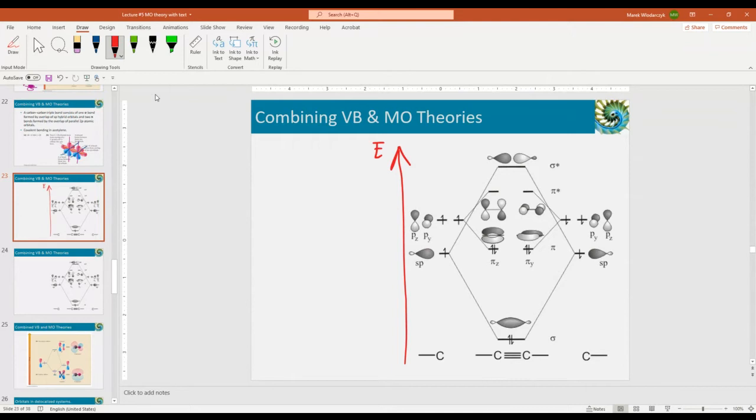Yes, Deborah? You use the formula where you subtract the anti-bonding from the bonding orbitals, and then you divide it by 2, and you see how many bonds you have. Yeah, so what is it called? It's called a bond order, correct. So you first have to calculate the bond order.